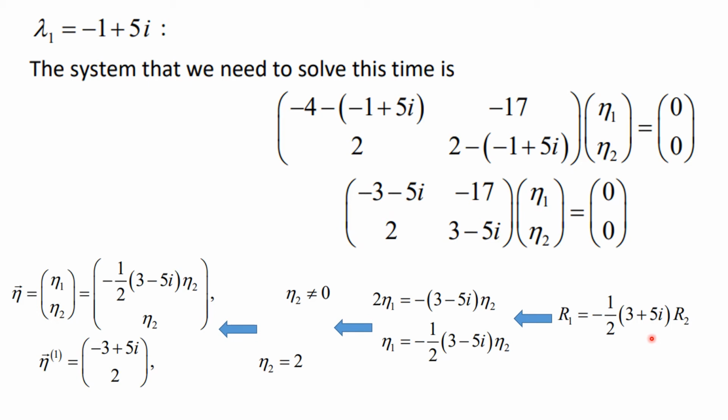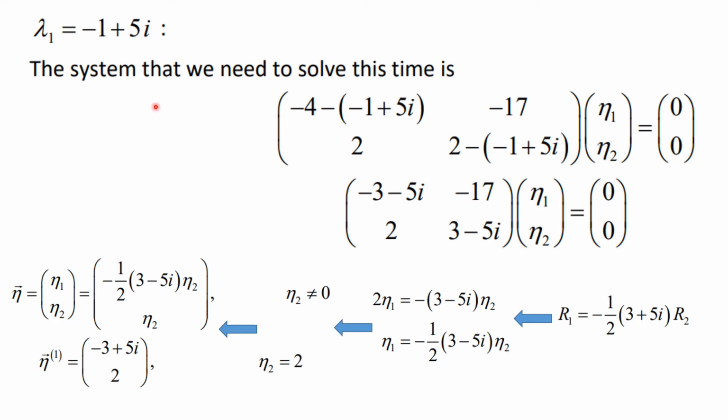And that means we can use the bottom one. I guess we could use either one. So 2a_1 is equal to minus 3 minus 5i over 2 times a_2. And so we can take a_2 to be 2. And if we do, that will cancel out nicely there.